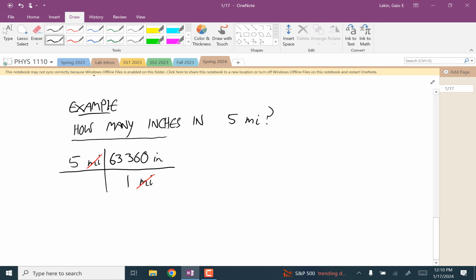And now you're just going to multiply what's left, 5 times this, divided by 1. The units you have left are inches, which is what you want, and you get a value of 316,800 inches.